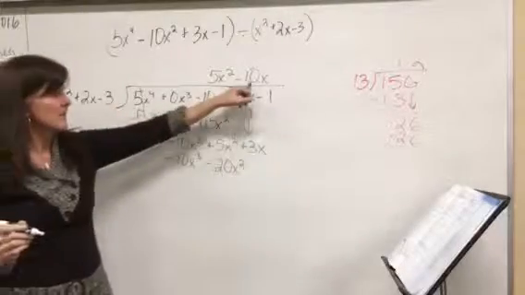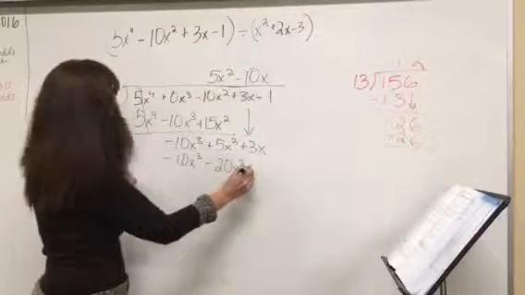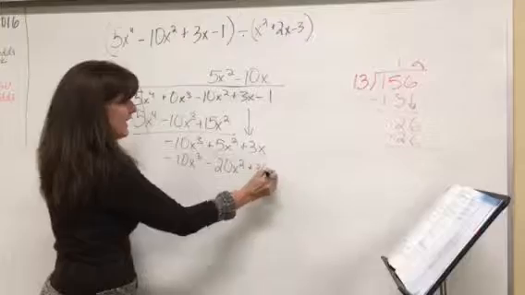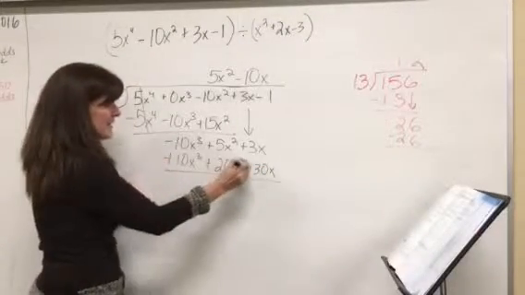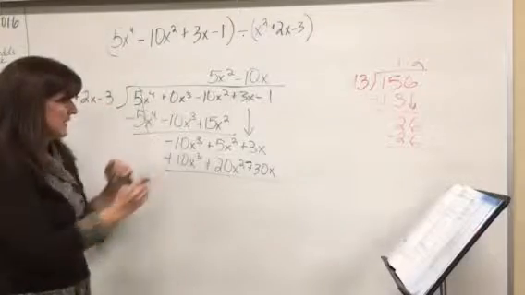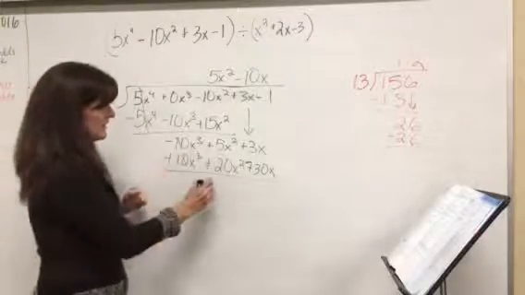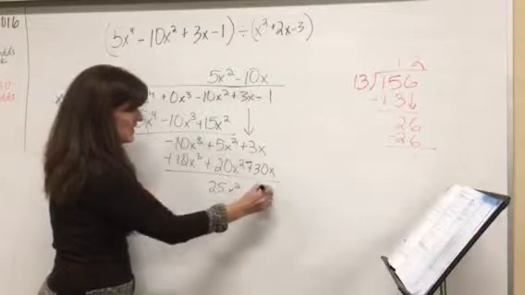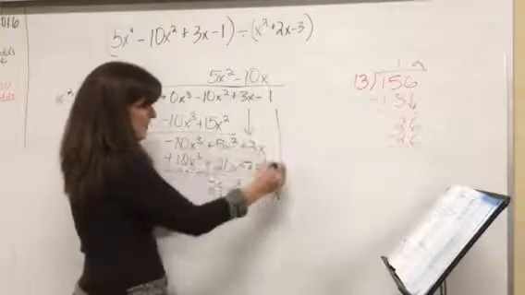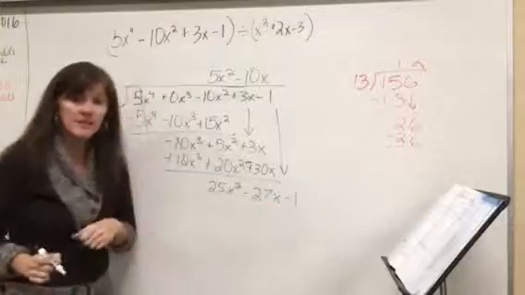Negative 3 times negative 10x is positive 30x. Change signs, plus, plus, negative. That cancels out. This is going to be 25x squared minus 27x. Now I have one more term to bring down, and that's negative 1.